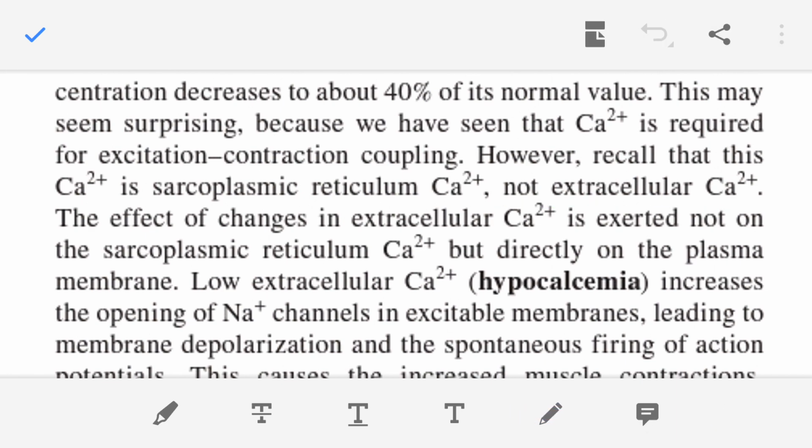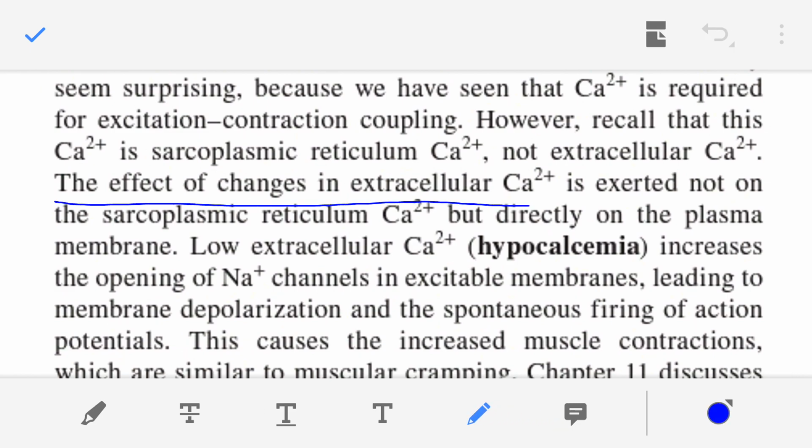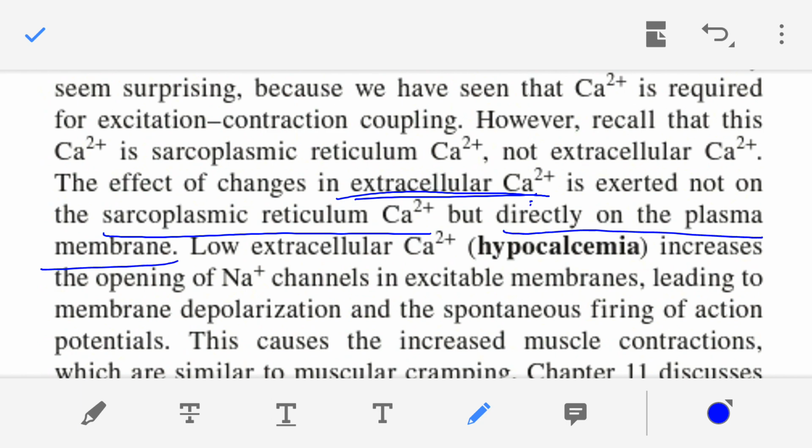So when the level of extracellular calcium decreases, it does not affect the sarcoplasmic reticulum calcium level, but exerts its effect directly on the plasma membrane.